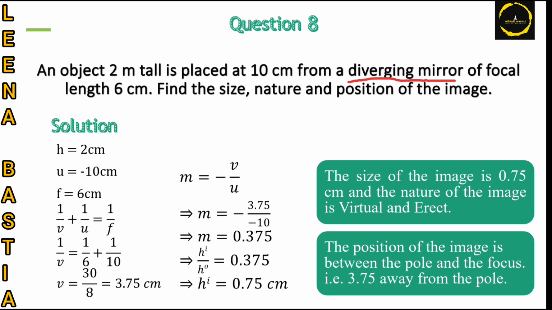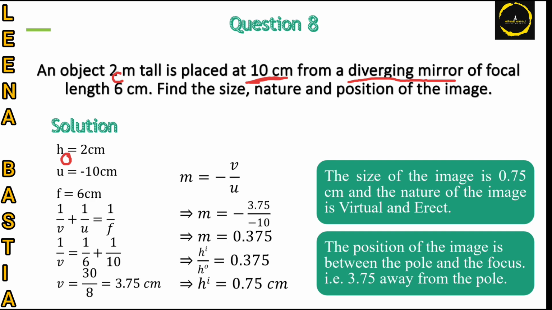So an object 2 meter tall is placed at 10 centimeter. Okay, so the object height ho is 2 meter, it has been given. It should be centimeter, so you just change this, it should be centimeter. So ho is 2 centimeter, u is minus 10 centimeter. Obviously we have already discussed that u is always minus, and it is already mentioned that it is 10 centimeter.